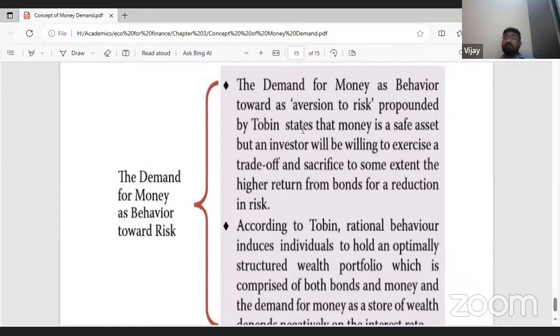So how much calculable risk needs to be taken, so that I am in a position to earn the maximum return out of the speculative demand for money.